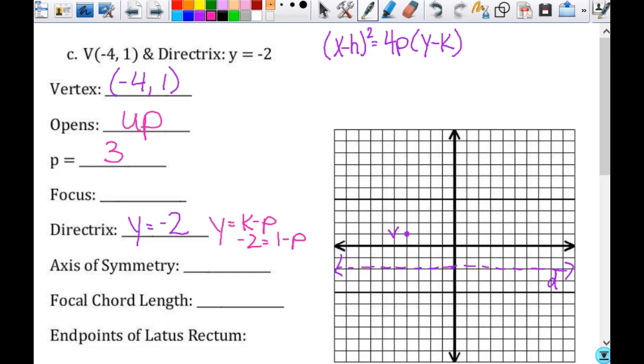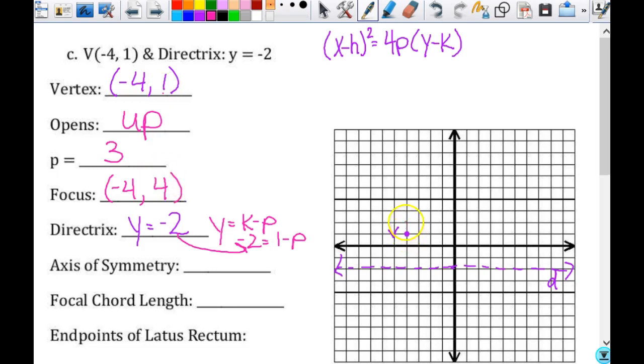Yes, because we know that this is how you find the directrix, right? And then I just substituted that in there and the k from there. Okay. So p is equal to 3, which means the focus is going to have the same x value, negative 4, and then it's k plus p, which is 4.